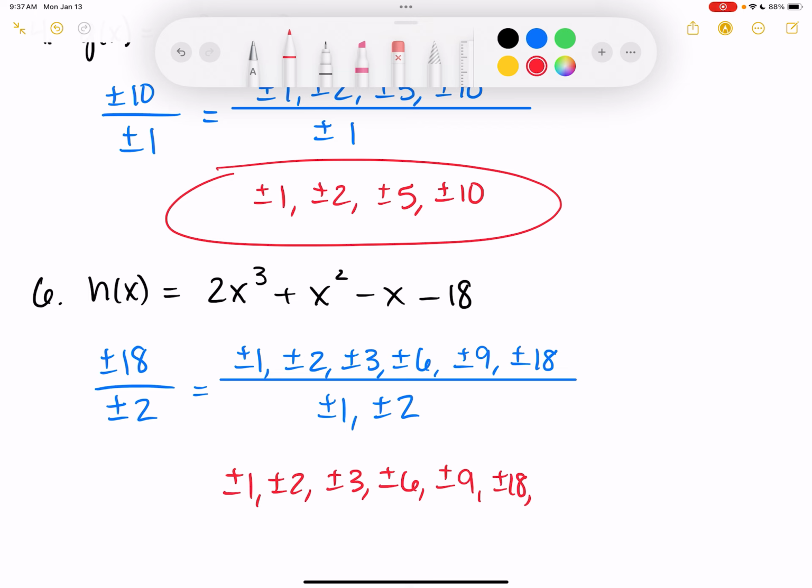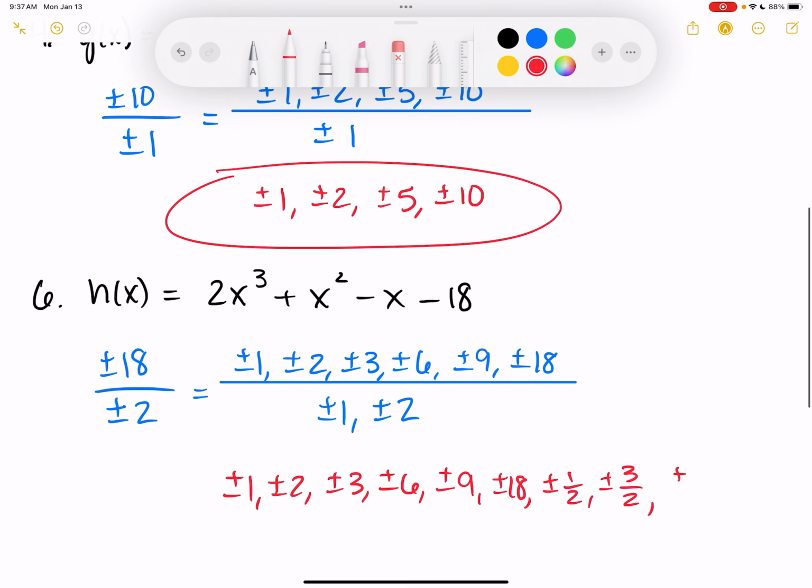Now we have taken care of all of the numbers over 1. Now I need all of the numbers over 2, but this is where repeats don't get counted twice. 1 over 2, I don't have that one yet. 2 over 2 reduces to 1, which I already have, so I don't write it again. 3 over 2, I don't have that yet. 6 over 2 reduces to 3, which I already have. 9 over 2, I don't have that one yet.